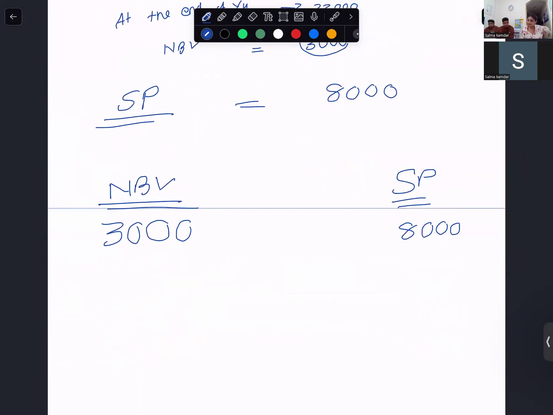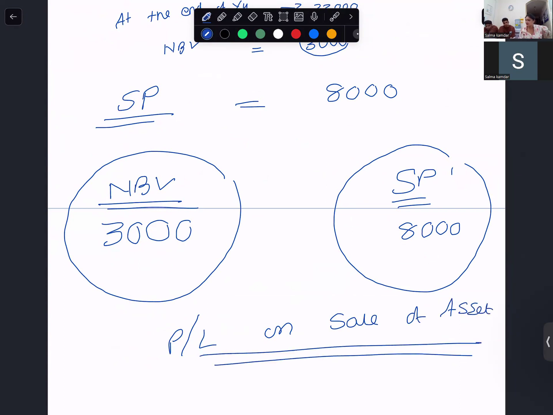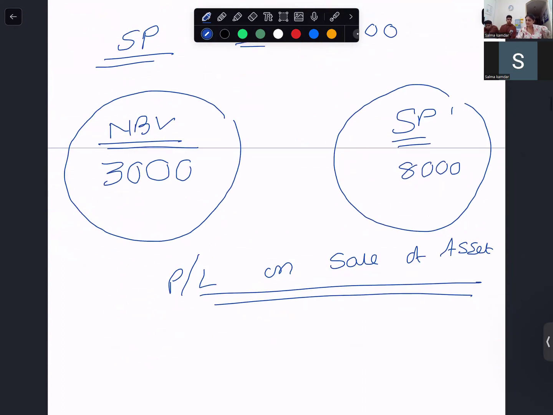If I tell you that an asset which has a net book value of 3,000 is sold for 8,000, can you tell me the profit or loss on sale of asset?